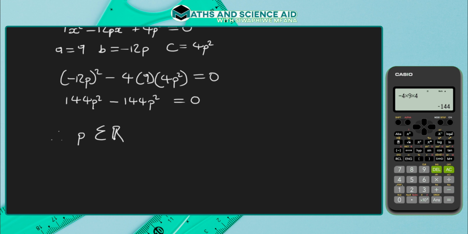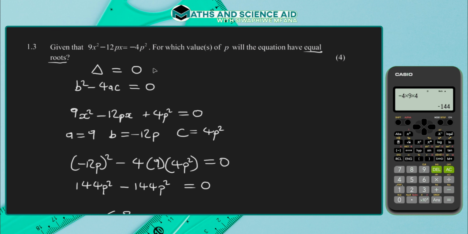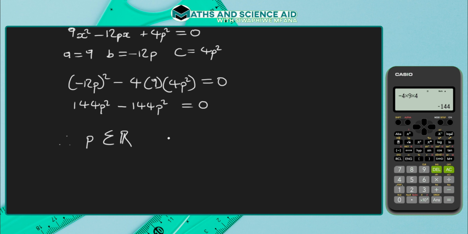It can be any real number. It doesn't matter what number it is. But this equation that we are given on this question will always have equal roots, no matter what is the value of p. So you can express that in this way by saying that p is the element of real numbers.